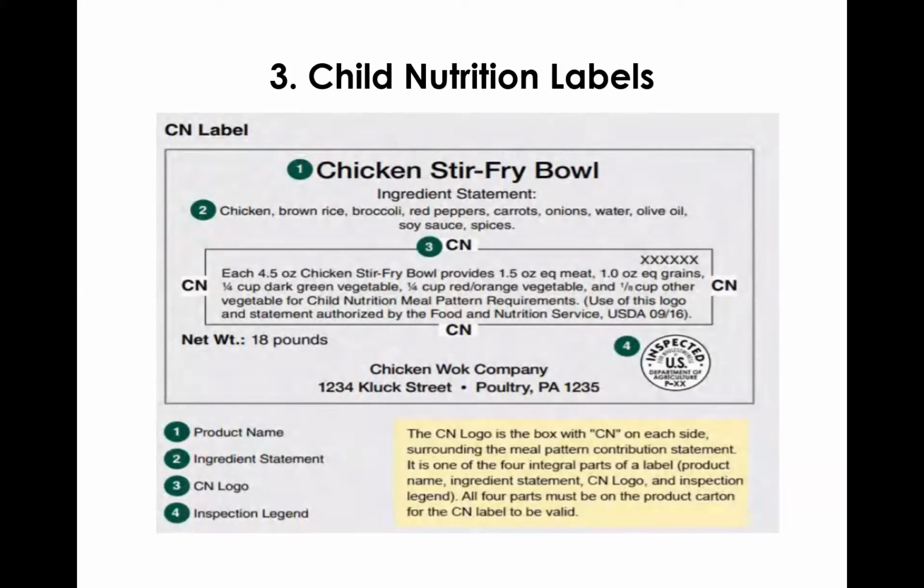In this example, we have a 4.5 ounce chicken stir fry bowl, and it provides 1.5 ounce equivalent of meat and 1 ounce equivalent of grain. That equivalent for grain tells me it's a whole grain rich product. It also provides some credit for vegetables: it contributes to the dark green vegetable, the red orange vegetable, and even some of the other vegetable category. So this is a great label.